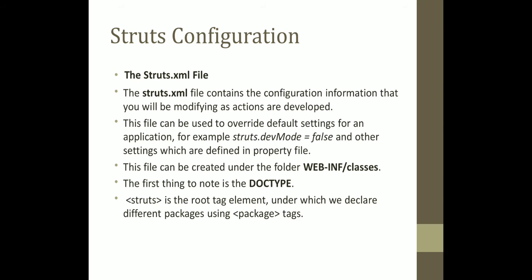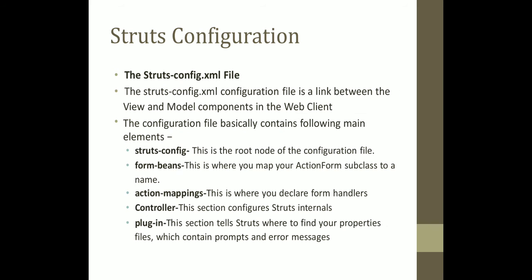And this file can be created under the WEB-INF/classes folder. Then the first thing to note is the doctype, and struts is the root tag element under which we declare different packages using package tags. This is about the struts.xml file.